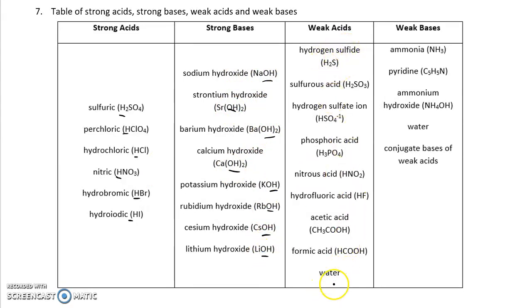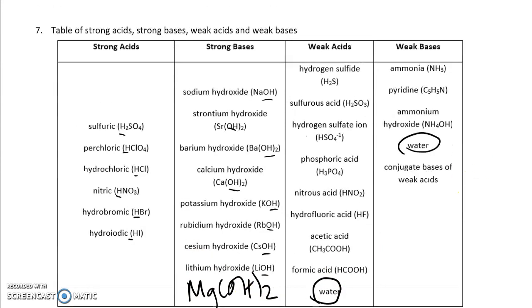This list could go on for a very long time, so this is just some of them. Water could act as a weak base. It could also act as a weak acid or a weak base, so it just depends on what it's reacting with. And these are the weak bases that you'll mainly encounter. But when we look at these, the strong acids is a pretty good list of them, strong bases, and so forth. But the other one that we're going to be looking at too, and we're just going to make a quick note, is magnesium hydroxide. That is a strong base as well.